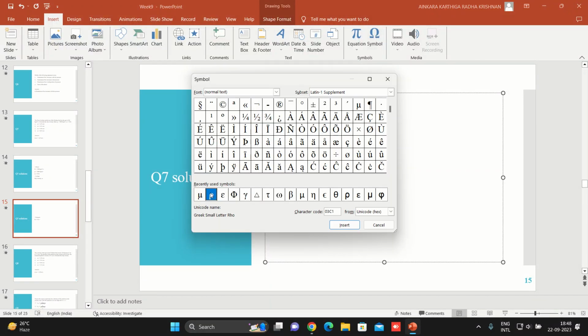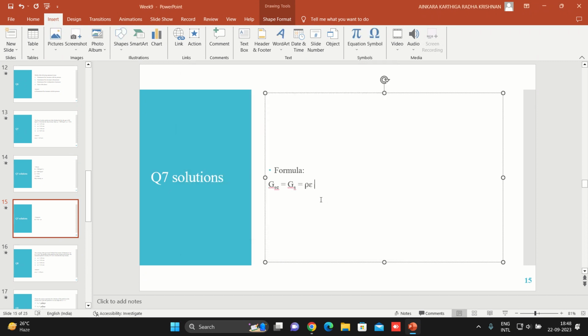Rho s into epsilon se, because we are calculating it at the exit, into Us. What we need to find is Us, right?